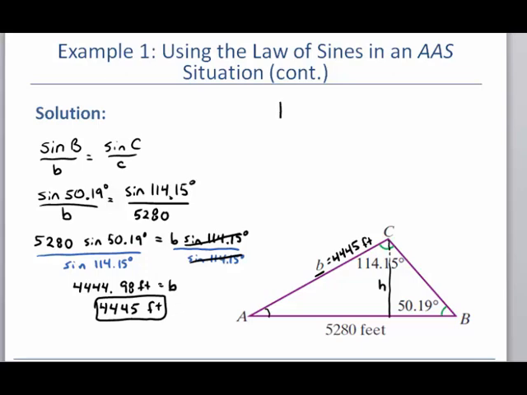So I would take 180, I would subtract off 114.15, I would subtract off 50.19. Okay, that should leave me with that one missing angle that I don't know. All right, so that leaves me 15.66 degrees.